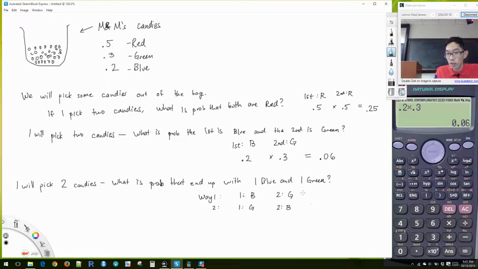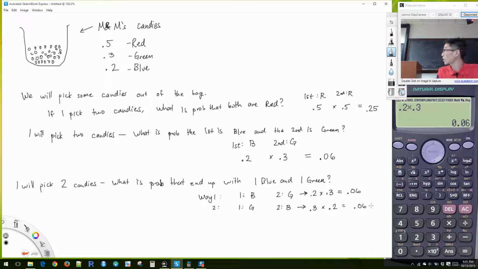Is that okay? So this one, we calculated earlier, is going to be 0.2 times 0.3, so that gives me 0.06. And what's the probability that this order happens? Well, the probability that the first one is green is 0.3, and the probability that the second one ends up being blue is 0.2, so I also get 0.06.